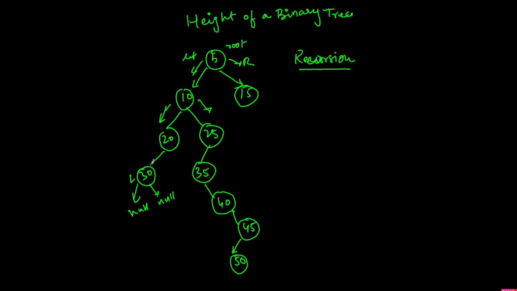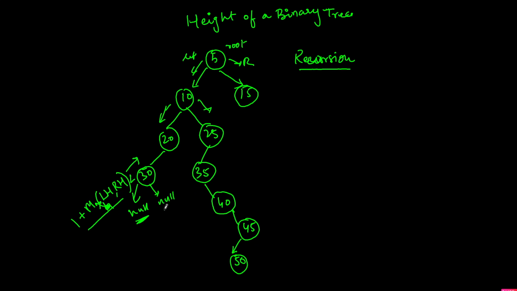So once you hit the leaf node, you will backtrack. And once you backtrack, what you will return? The height of the left subtree and the right height, you take the maximum of that and add 1 to it.